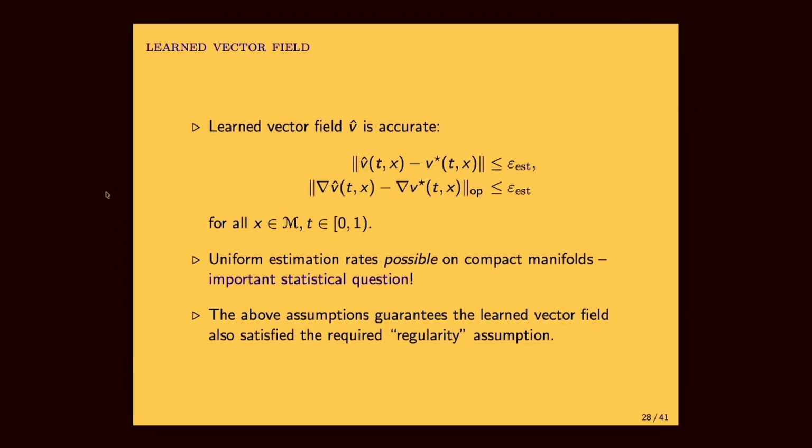The easier case is if you're looking at the ERM-style minimizer, the argmin of the optimization problem that I introduced; proving this result is relatively easier. Whereas if you're studying the optimization algorithm itself, proving uniform convergence for the result of the optimization procedure is a much harder problem. So it's an important question, but for this talk, I'll just assume we have an epsilon accurate learned velocity field, right?